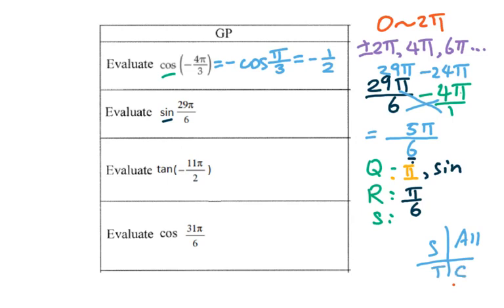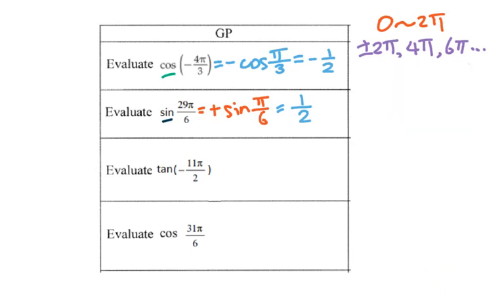For second quadrant, sine will be positive. So your answer will be positive sine pi over 6. Pi over 6 will be 30 degrees. That's how you will get the 1 over 2. Let's go to number 3. We're looking for tangent negative 11 pi over 2.